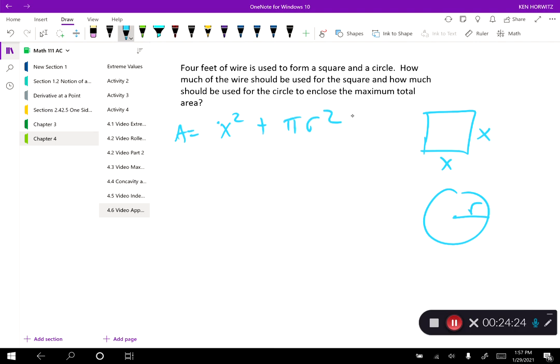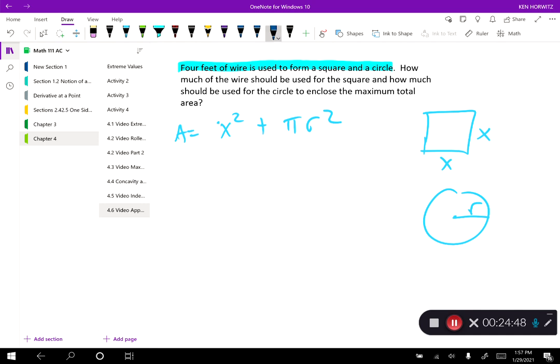There's my primary equation. Now, the hint in your problem for your secondary equation is right in the first sentence. 4 feet of wire is used to form a square and a circle. So technically, the perimeter of my square and the perimeter of my circle, if I add them up, should equal 4.